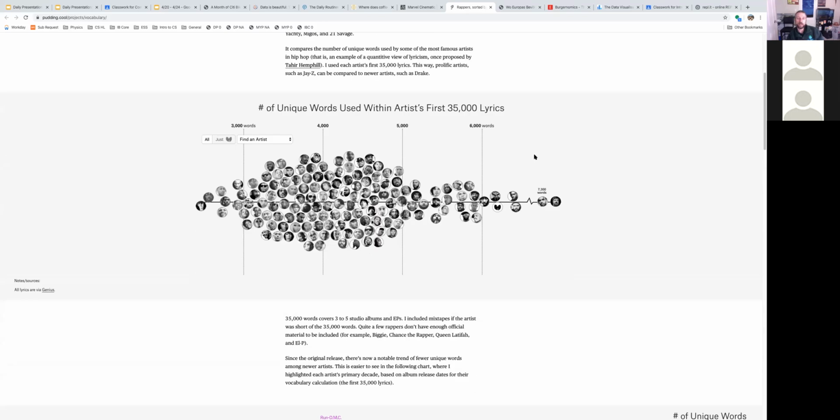Rappers sorted by unique words used within the first 35,000 lyrics. No judgment here. Jizza, A$AP Rock, RZA, all on the high side of lyrics used within the first 35,000, how many unique words.